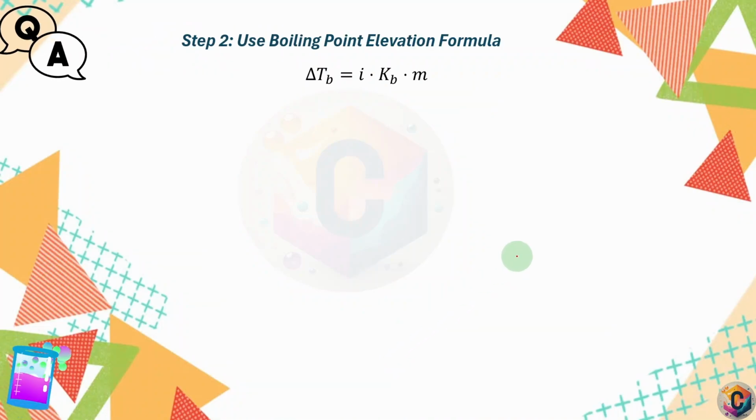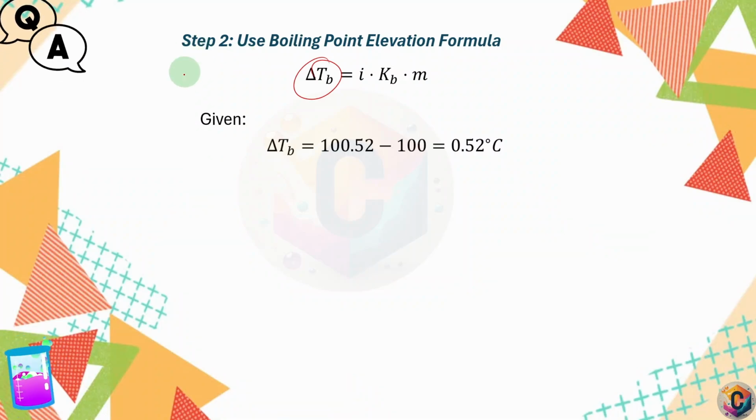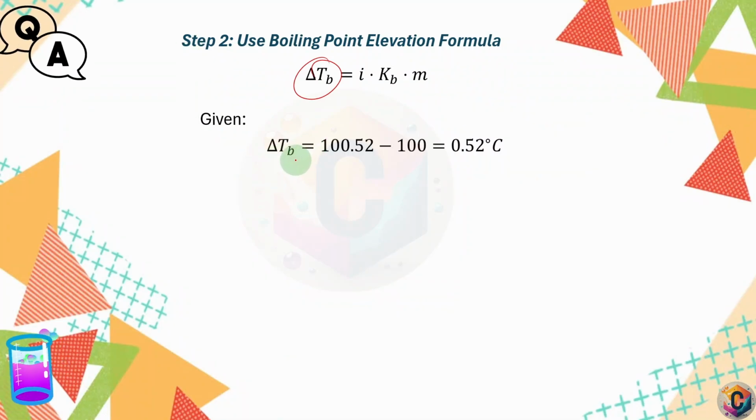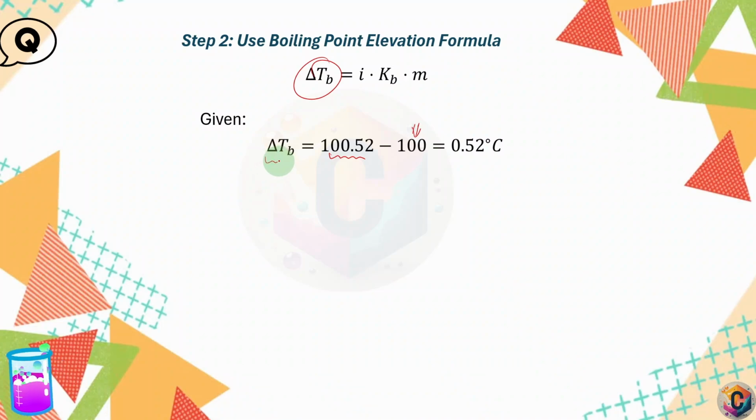The next thing we need to do is, by using the elevation of boiling point formula, delta T can be calculated by using i into Kb into m. In the question they have given that the solution boils at 100.52 degrees Celsius. 100 is the boiling point of water, so the difference in boiling point is 0.52.